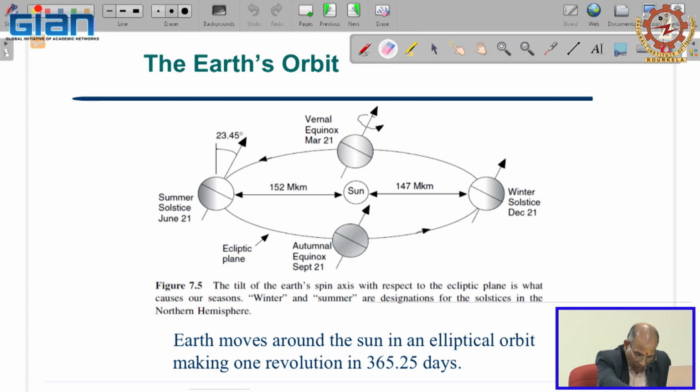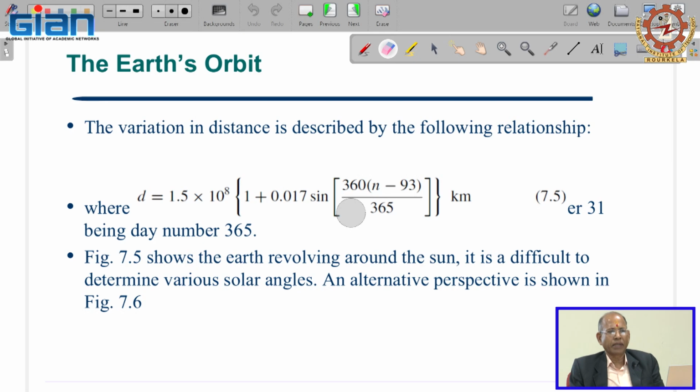Okay. So here this formula is very interesting. Using this formula, D is equal to 1.5 into 10 raised to power 8, times 1 plus 0.017 sine of 360 in brackets n minus 93 divided by 365. Okay.